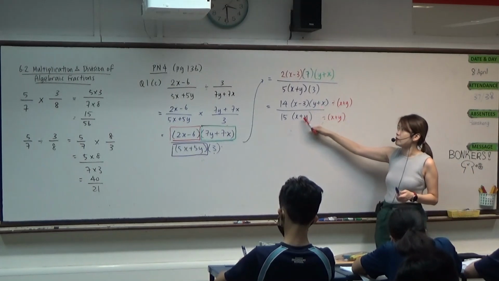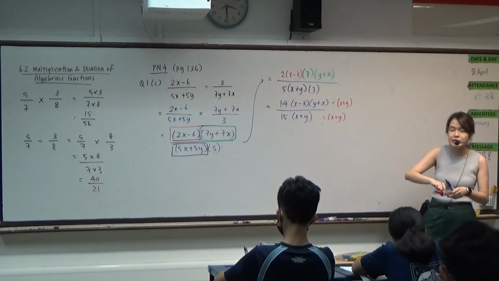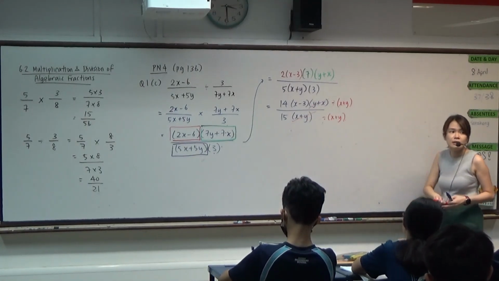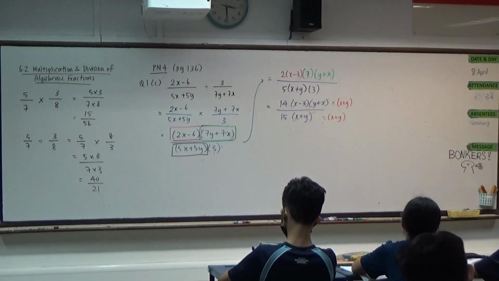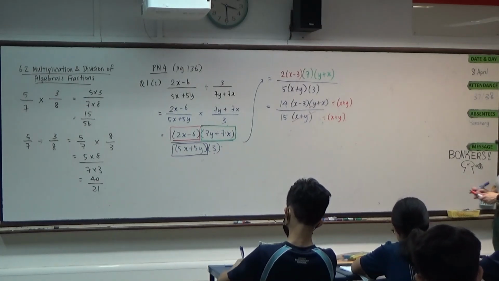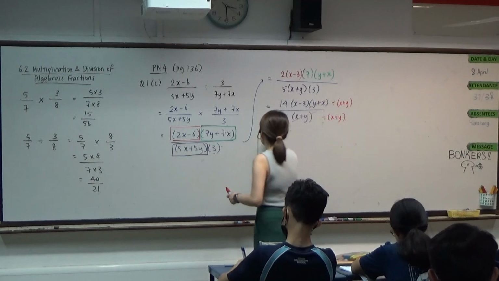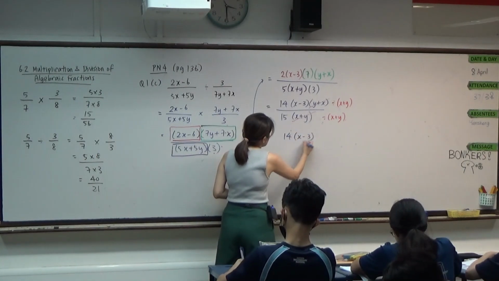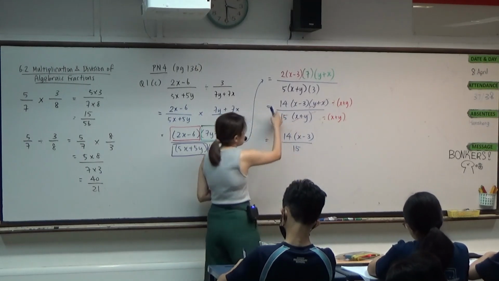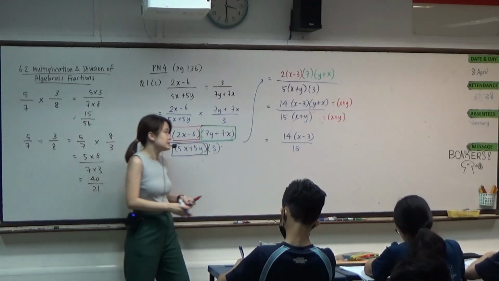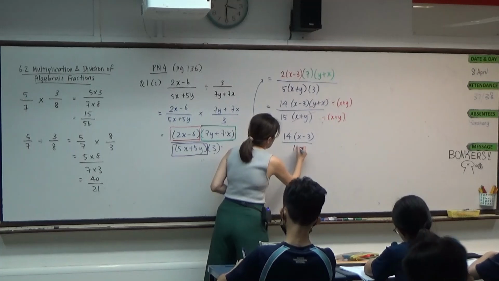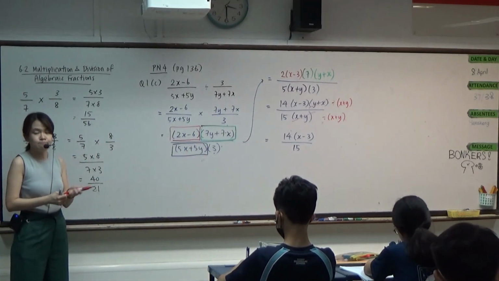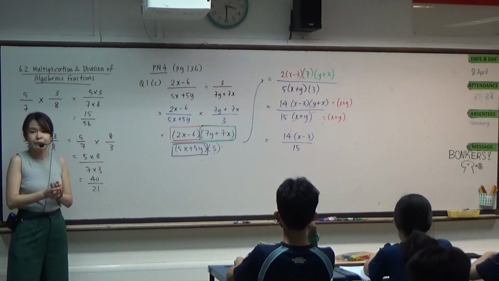It's important to know that y plus x and x plus y refer to the same thing. Last week I also introduced that in doing division, you can have a similar idea to cancellation, although cancellation is not an operation. So now our final answer will be 14 bracket x minus 3 over 15. Between 14 and 15 there are no common factors, so there is nothing to simplify, and this will be our final answer. Questions?